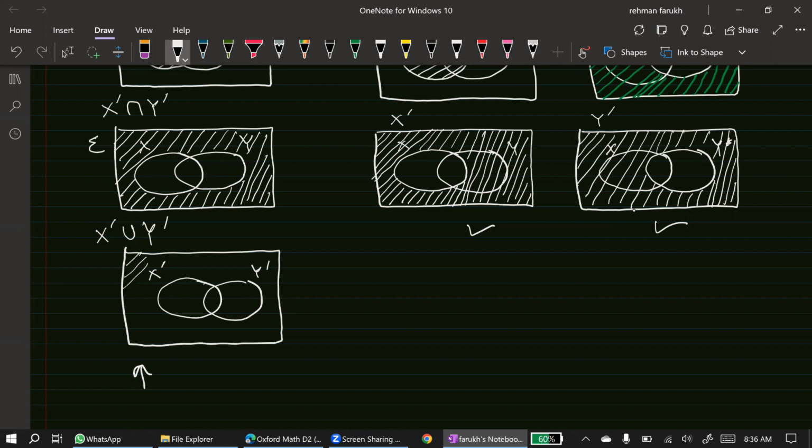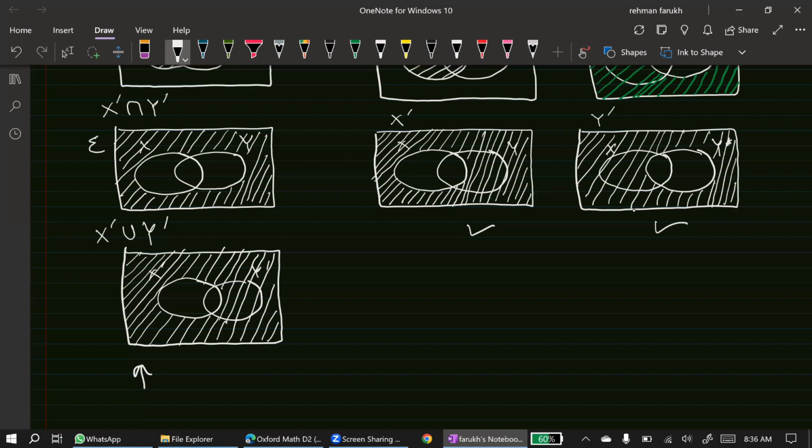We shade the first region first, that is X dash. Now in the same diagram we shade Y dash.